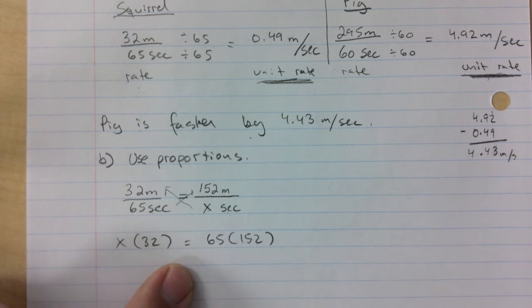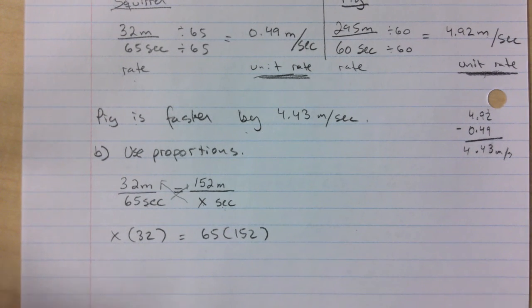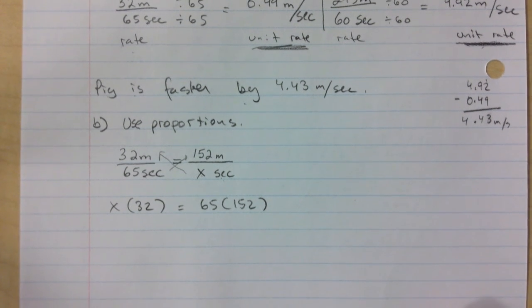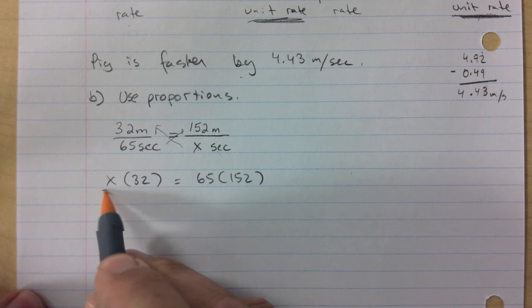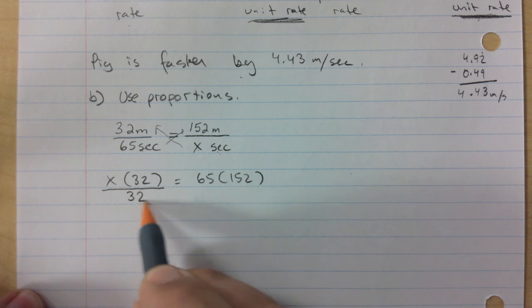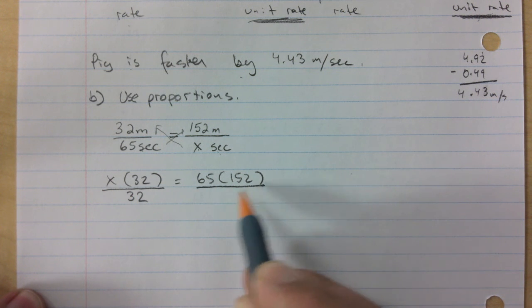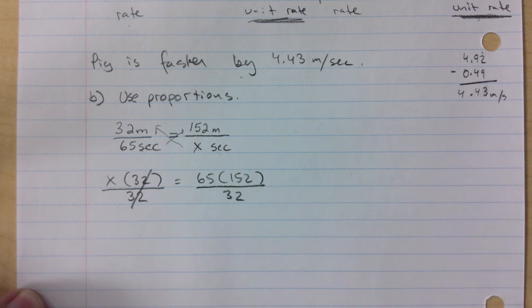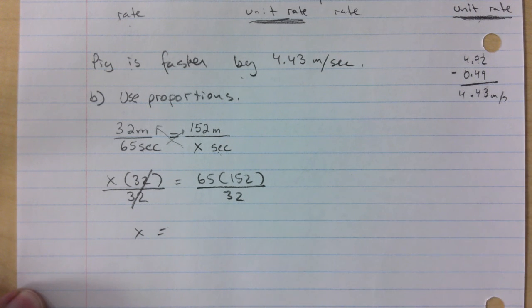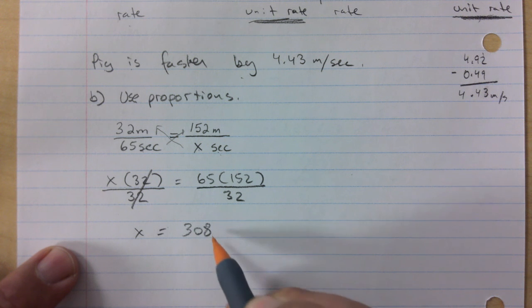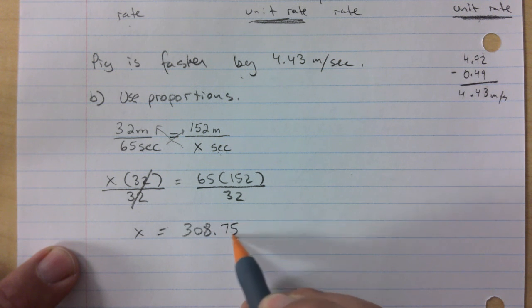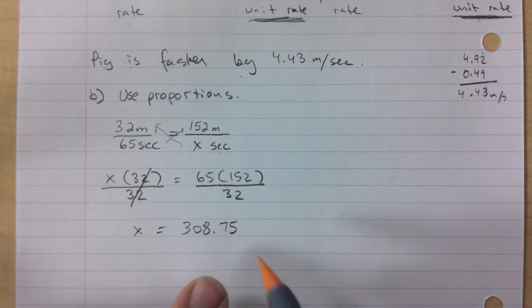So you're going to have two numbers multiplying and a variable with a number multiplying on the other side. Divide both sides by 32. And let's see what we get. 65 times 152 divided by 32. So that is 308.75.